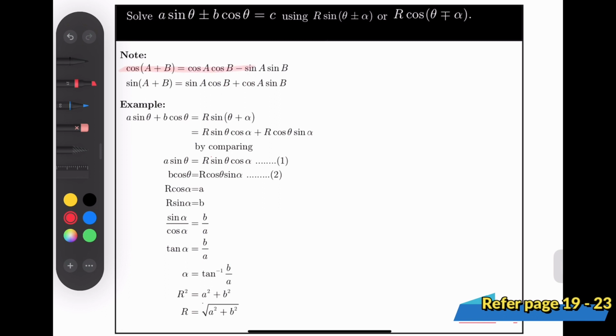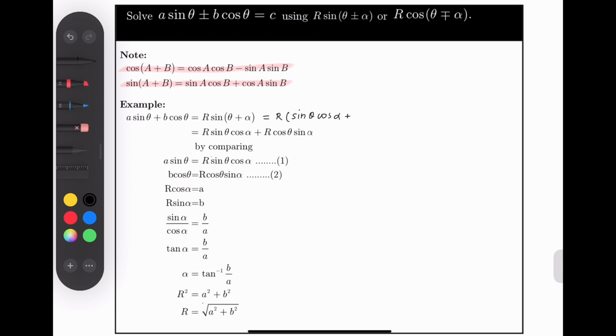So you know that cos A plus B equals cos A cos B minus sin A sin B, and sin A plus B equals sin A cos B plus cos A sin B. For example, we have A sin theta plus B cos theta equals R sin theta plus alpha. So the compound angle for sin theta plus alpha is sin theta cos alpha plus cos theta sin alpha.